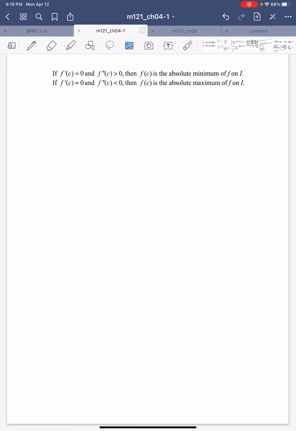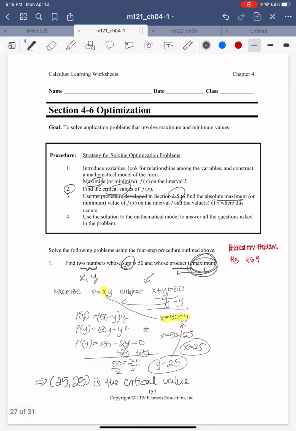And then we are going to take the second derivative because we want to check this condition here. In particular, we want to look for this part here. So our first derivative function from the first page was this one here, 50 minus 2y.